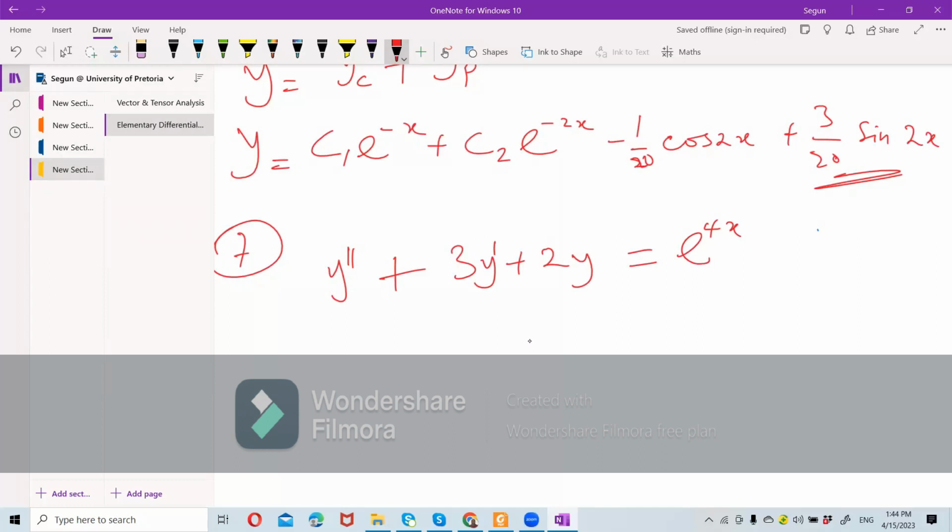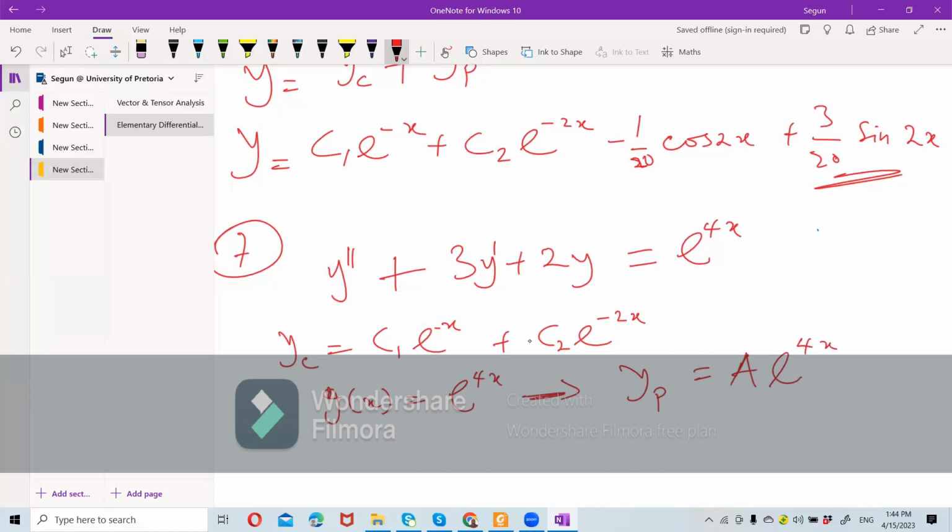So in this case now, our YC, I will just write YC, C1 exponential minus x plus C2 exponential minus 2x. Then our G of X is equal to exponential 4x, which leads to YP equals to A exponential 4x. Then differentiate YP, you have 4A exponential 4x.